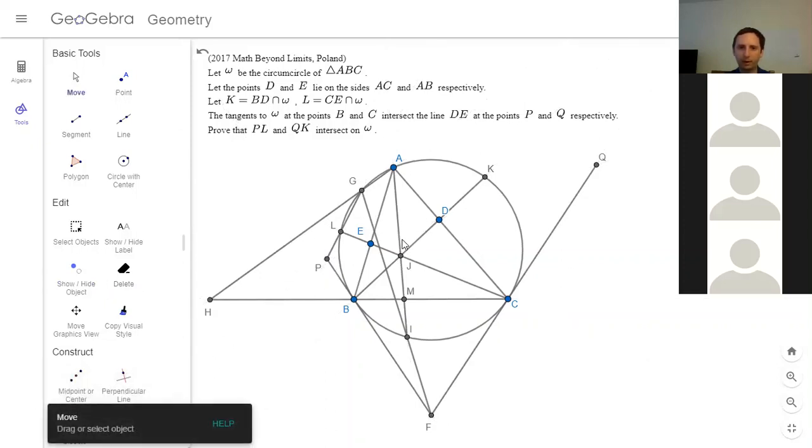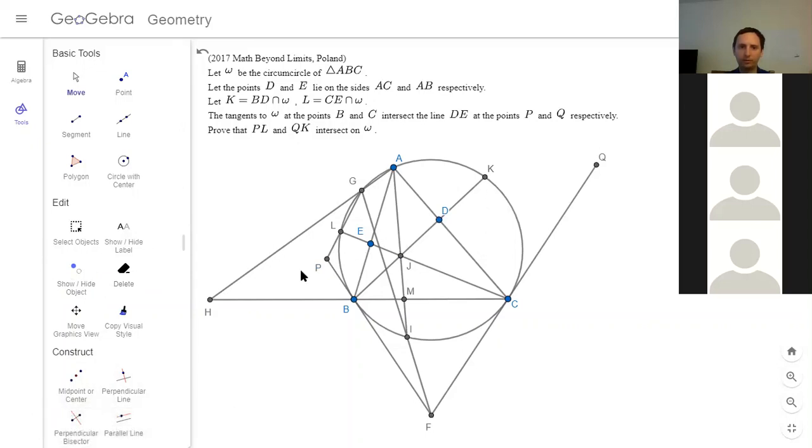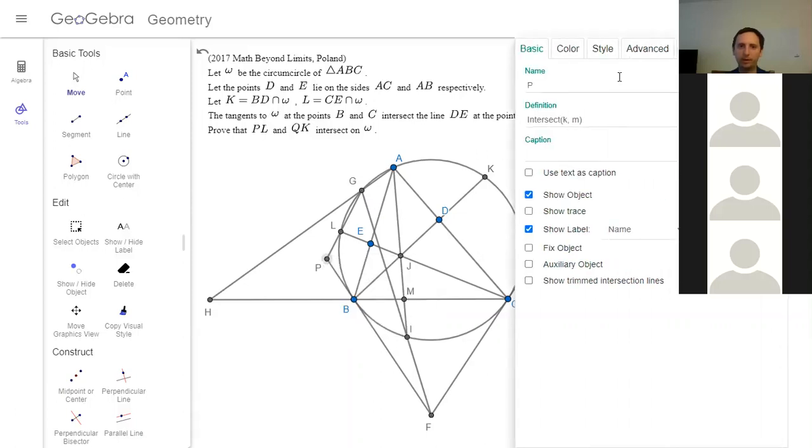First, we define H as the intersection of DE and BC. Then we draw a point G, and then we define P prime this way. And then we show P prime, E and D are collinear. It's weird, right? But I think it might work.